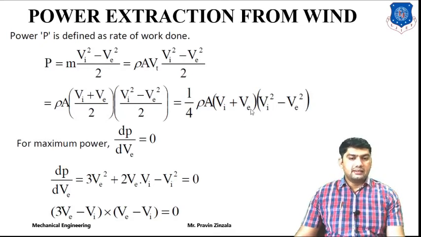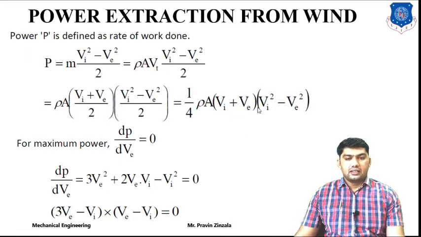So by taking the derivative of this equation, here the Ve cube, 3 will be in multiplication, and 3 minus 1 is equal to 2. Here we are differentiating with respect to V. So V into Vi square, or we can also say Vi and Ve.